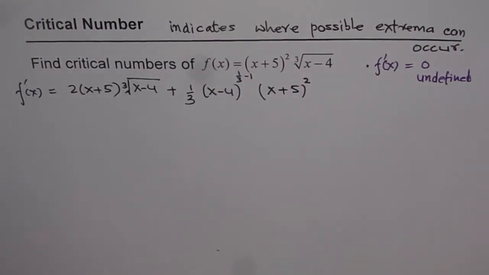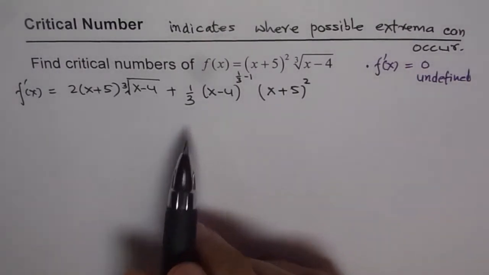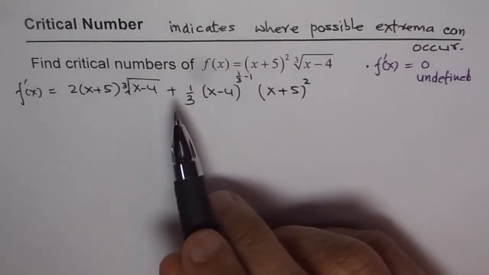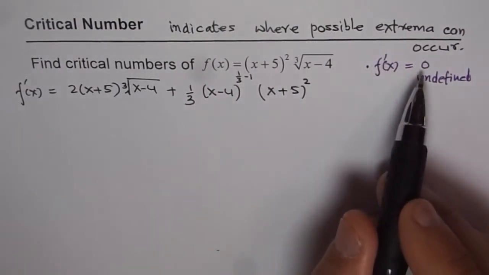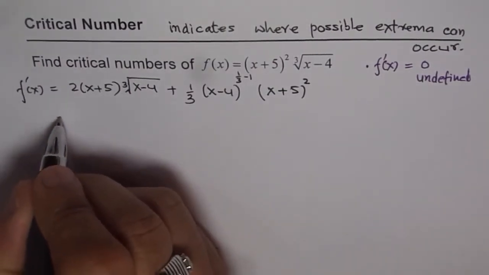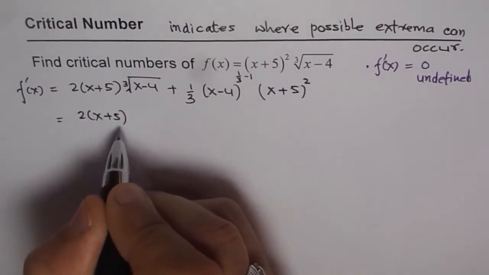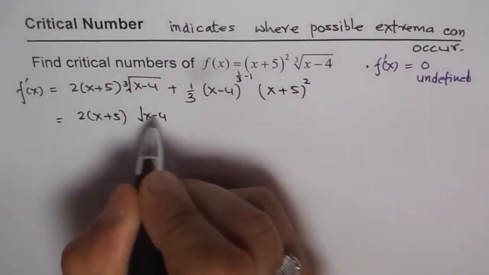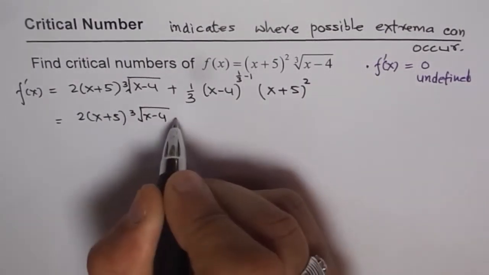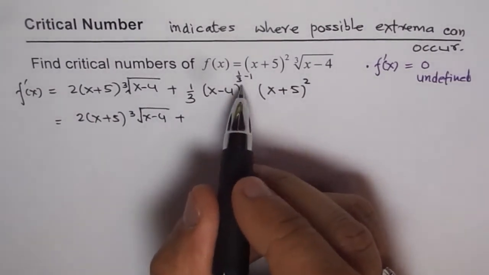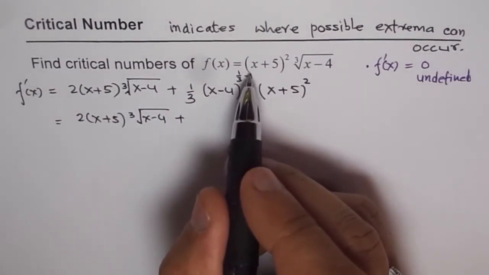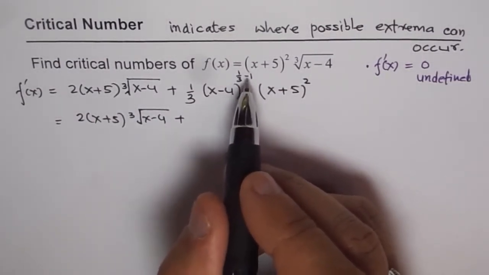Now we need to simplify this so that we can find at which point f dash x is 0 or undefined. So let's do the simplification. We have the first term, plus this: 1 over 3 minus 3 over 3 is minus 2 over 3.